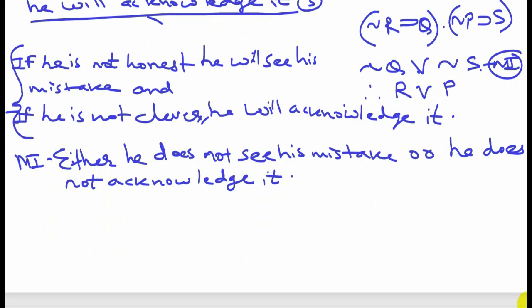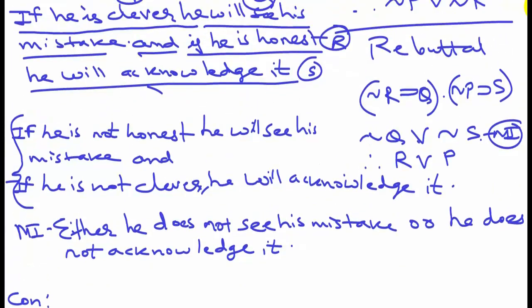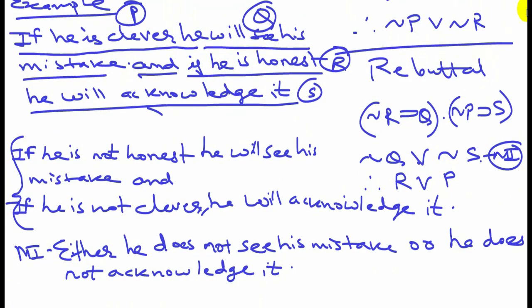What is the conclusion? Conclusion is R or P. So R says he is honest. Either he is honest or he is clever.